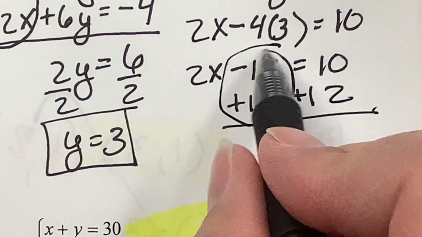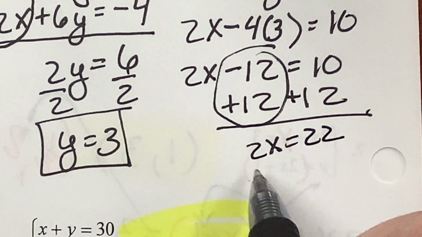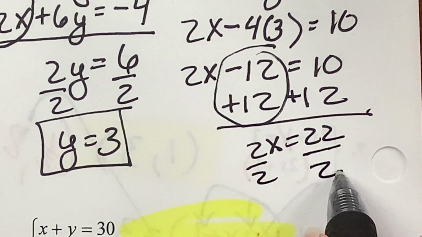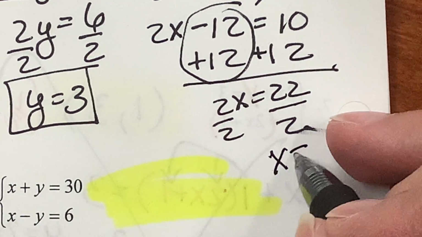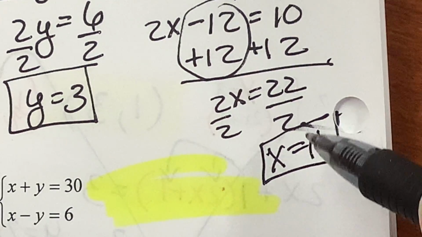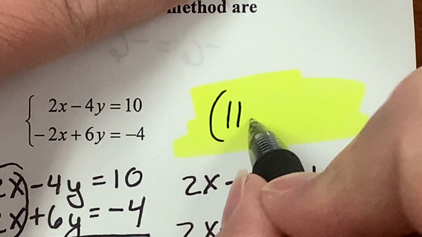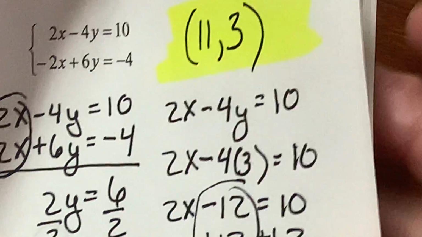This becomes 0. 2x equals 22. Divide by 2. X equals 11. But remember, the 11 has to go first, because it's x, then y. So it's 11 comma 3. Be careful. Be more careful than me, because me is a mess.